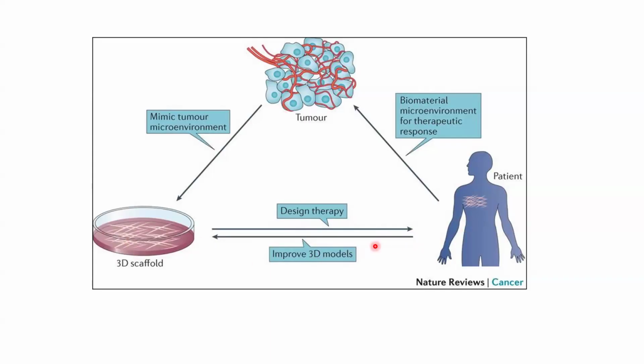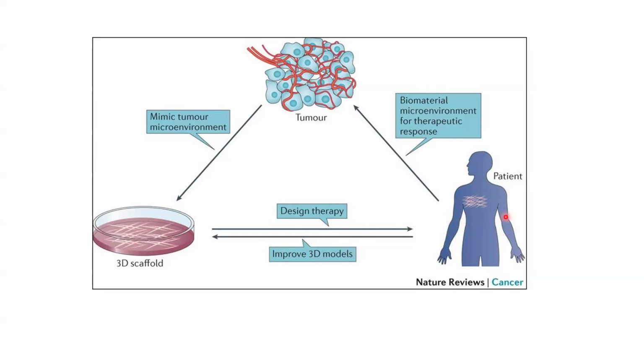So this is a two-way process. I don't understand what this scaffolding is, but this 3D scaffolding method can be refined by designing the therapy and improving the 3D models with the patient information.